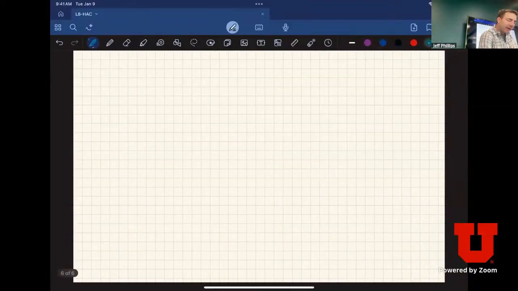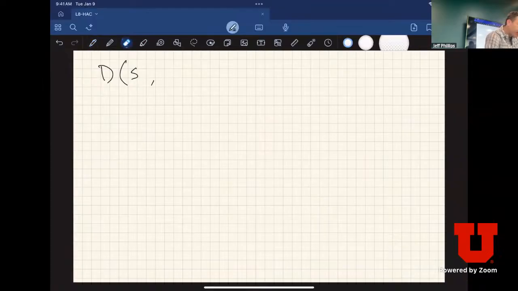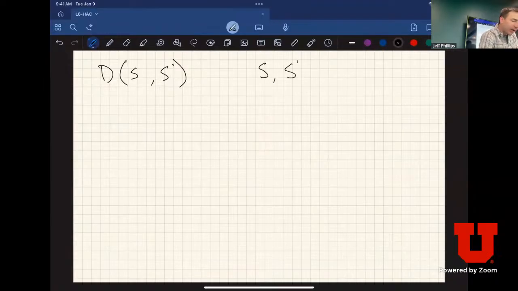And so specifying this, I want to find a distance between S and S prime, where S and S prime are both subsets of X. Okay, so this is S, and this is S prime over here.